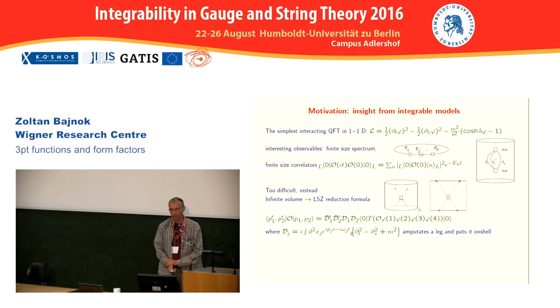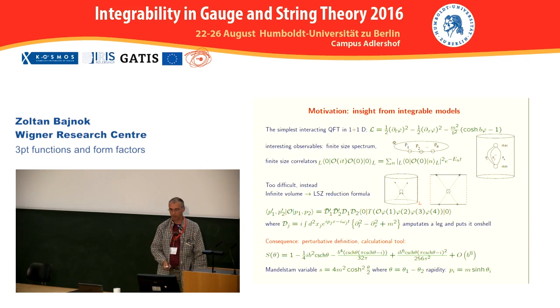The physical meaning of these integral differential operators is that they amputate the 4-point function in this case and put the legs on shell. So if this operator is just 1, this is the S matrix. The S matrix is nothing but the amputated on-shell value of the 4-point function in momentum space.